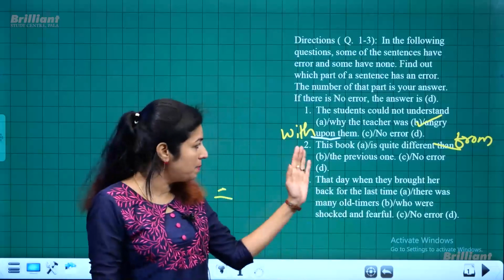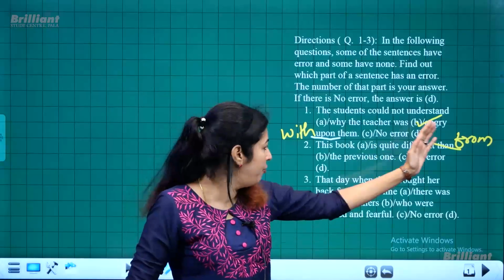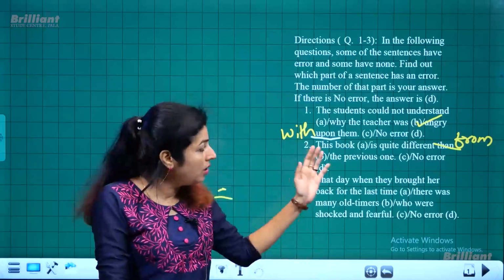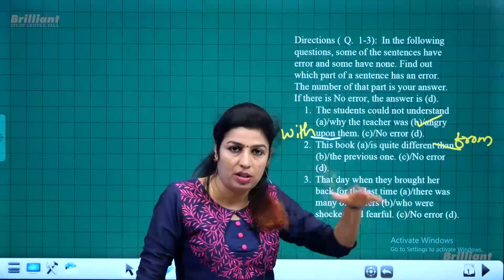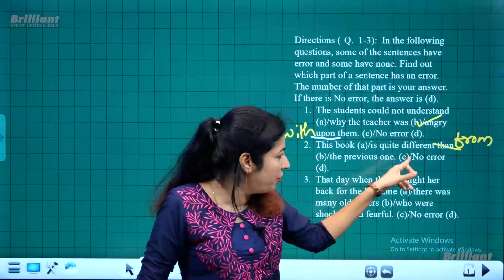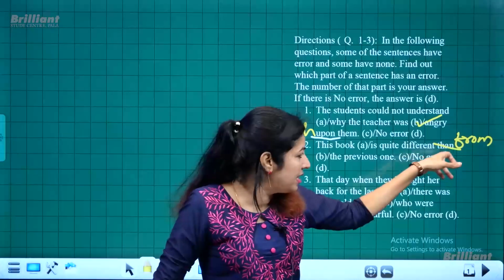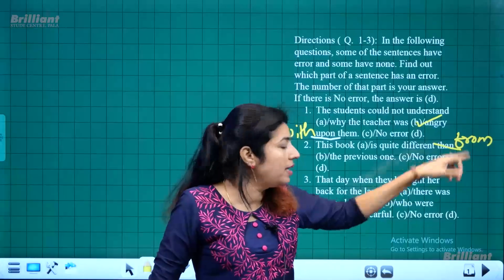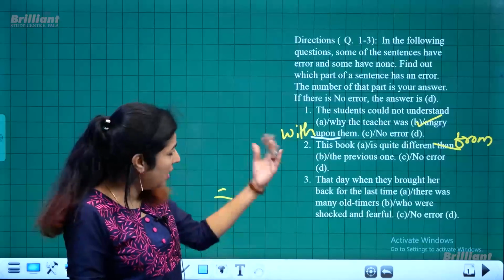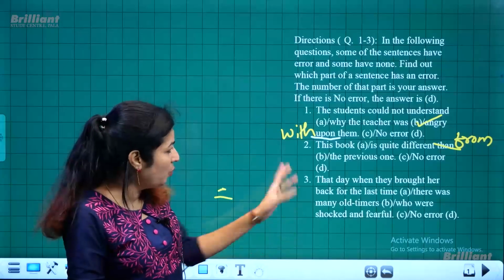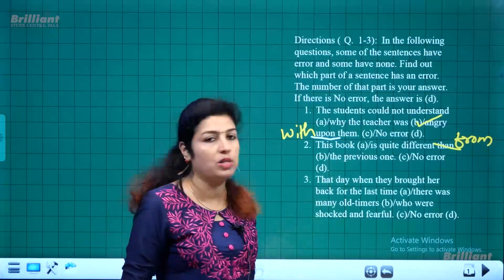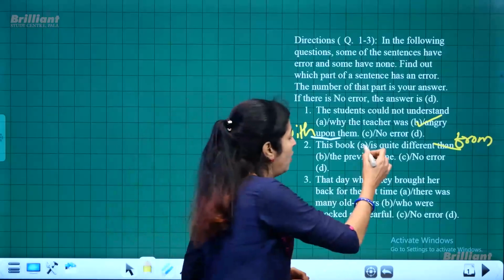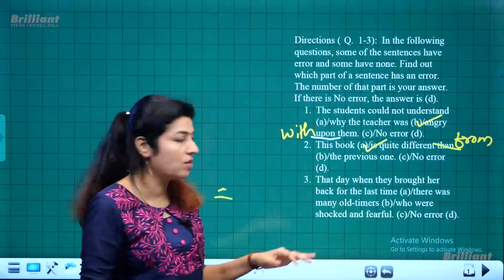This book is quite different from the previous one, not different than the. If you use the word better, it would have been correct with than, but since it is different, this preposition has gone wrong. It should have been from. Now this is a correct statement: this book is quite different from the previous one. So B part has gone wrong.